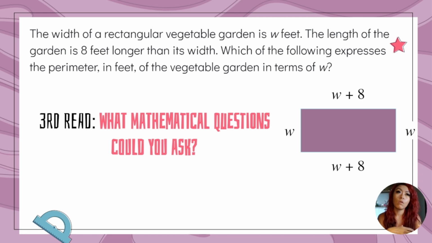And that would encourage you to recall the area formula, which is length times width. So the third read is important as well. If you can create the question, then that shows a true conceptual understanding of the content.